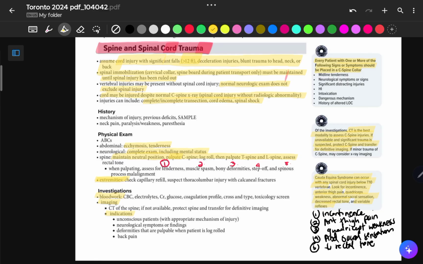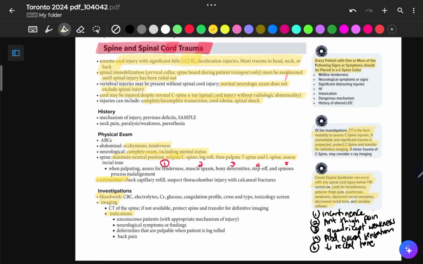Palpate the C-spine, log roll, then palpate the T-spine and L-spine, and assess rectal tone. When assessing rectal tone, you're checking for tenderness, muscle spasm, any bony deformity, any step-off, any spinous process malalignment. Check the extremities and capillary refill.